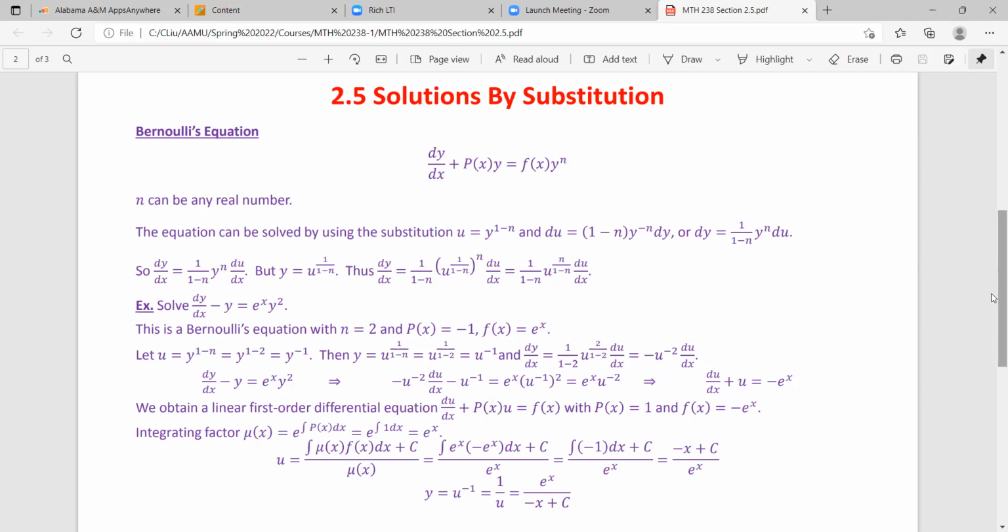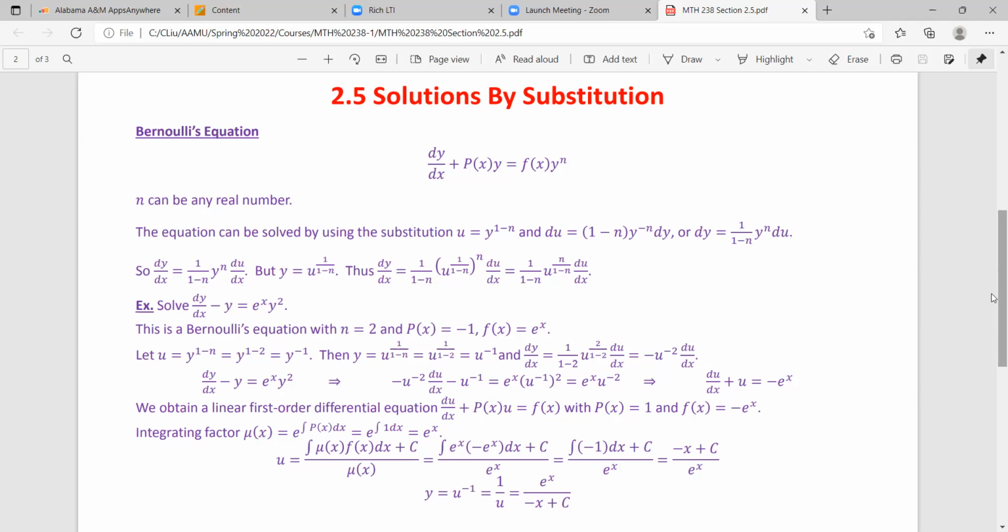So then you get dy over dx equals 1 over 1 minus n times u to the 1 over 1 minus n to the n times du dx. So at the end, you get dy over dx equals 1 over 1 minus n u to the n over 1 minus n du dx. So that's a little tedious, but you just use the rules of the powers. All right.